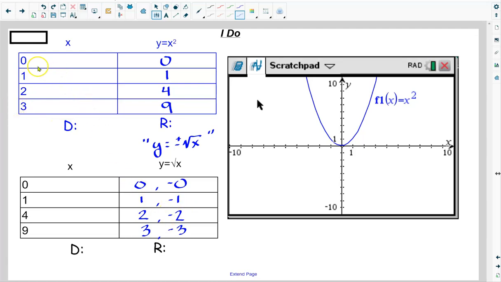All right. Now let's go ahead and plot this square function's values. So 0, 0, 1, 1, 2, 4, and I guess that's 9.